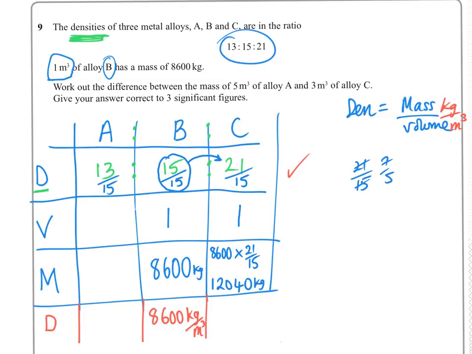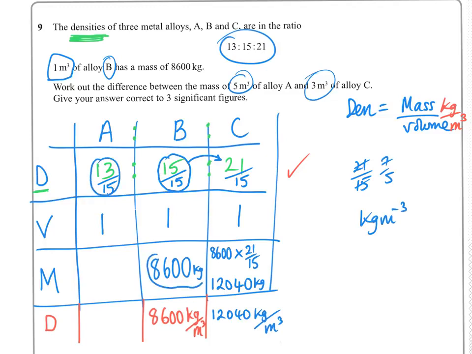Okay, I'll put kilograms in here if it helps. So we know here that this is all to do with the volume of 1 meter cube. I'm going to keep them all as 1, and then I'm going to times them up later on. So this will be 12,040 kilograms per meter cube. You can write that as kg m to the -3 if you want, they're both the same. And then for this one, for 1 meter cube, I'm going to times what I knew 1 was worth for alloy B, because don't forget I could make this 1 here, and then I can compare.